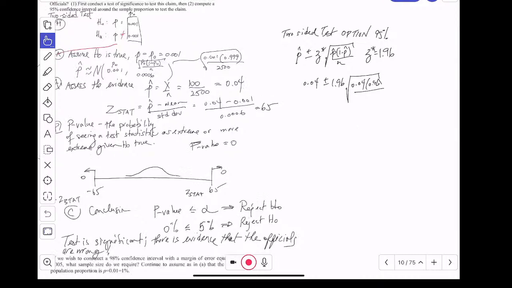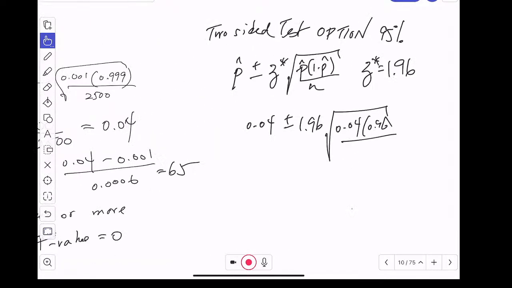Alright, so what I want to do is compute... so what I'm doing is making a confidence interval.